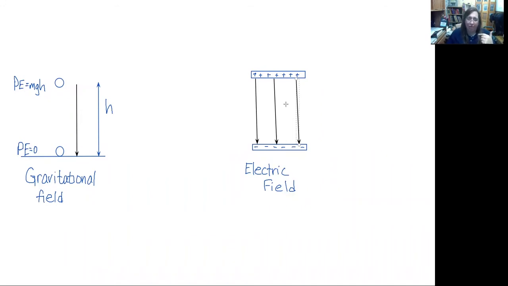And in the gravitational field, I moved the object from the bottom to the top. So here we're going to move an object. Let's make it over here, and I'll make it a different color so it will stand out better. We're going to say this is a charged object, an object that has charge Q on it.